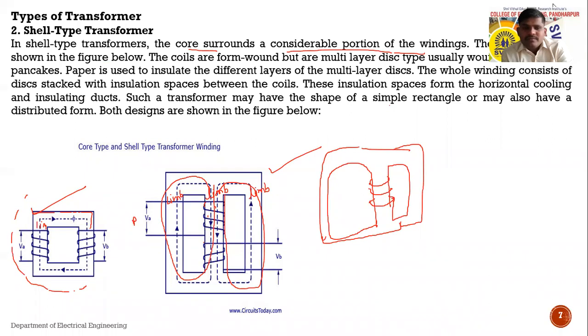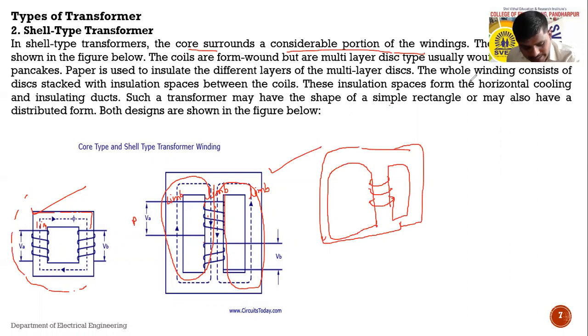That means it will be wound on the same limb. एकाच लिंब वरती, म्हणजे इथं जो काय सेंट्रल लिंब आहे, त्या सेंट्रल लिंब वरती प्रायमरी वाइंडिंग पण आहे, सेकंडरी वाइंडिंग पण आहे. ओके, so this is the difference between the core type and shell type.